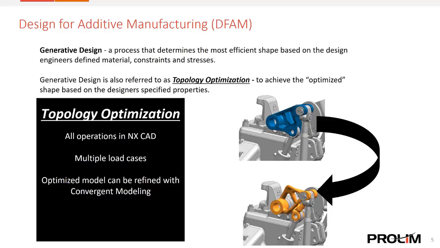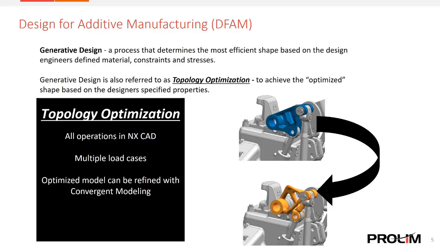Generative design is a process that determines the most efficient shape based on the design engineer's defined material, constraints, and stresses. Generative design is also referred to as topology optimization. So we can achieve the most efficient shape based on the designer's specified materials.